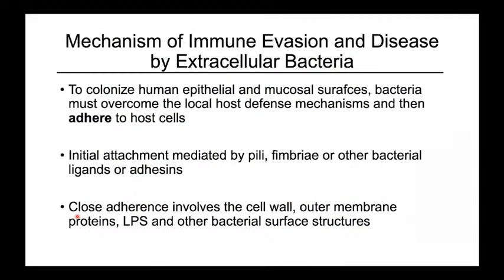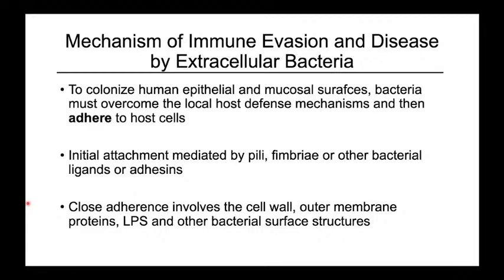So these are just some of the factors that would enable attachment by your bacteria, and they are considered immune evasion strategies because some of these are pathogenicity factors for these microorganisms. It's what enables them to be adherent and then colonize.